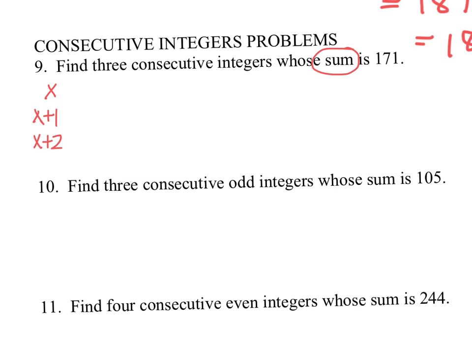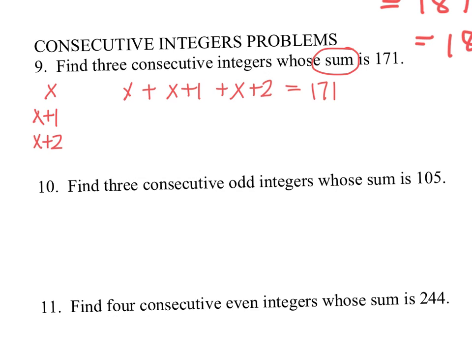Now we have our 3 numbers, and we want to find the sum. So we're going to add them up. x plus x plus 1 plus x plus 2. And this sum is 171.